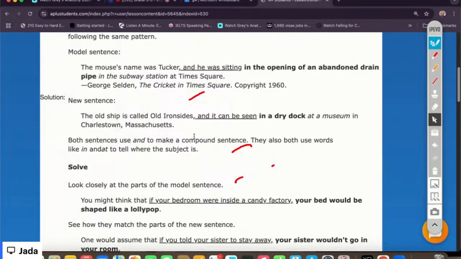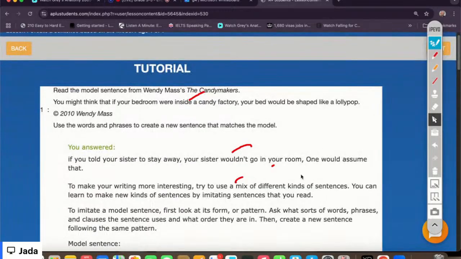So you can see that both sentences use "and" to make a compound sentence. They also both use words like "in" and "at" to tell us where the subject is. So basically you can see that there are some similarities between both sentences.